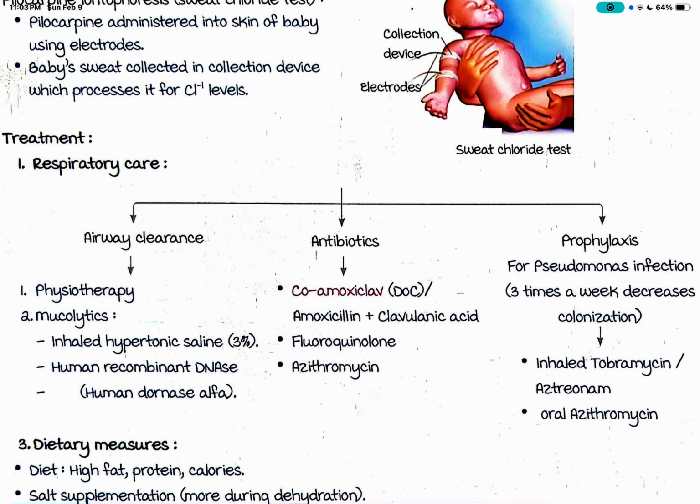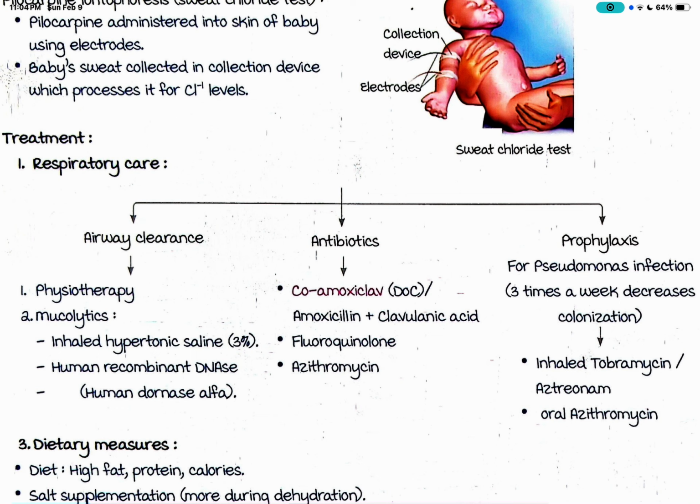Airway clearance includes physiotherapy and mucolytics: inhaled hypertonic saline 3% and human recombinant DNase, dornase alpha. Antibiotics: co-amoxiclav is the drug of choice, that is amoxicillin plus clavulanic acid, along with fluoroquinolones and azithromycin.